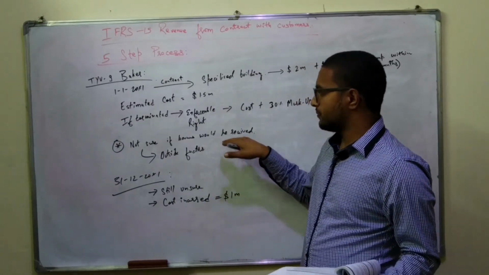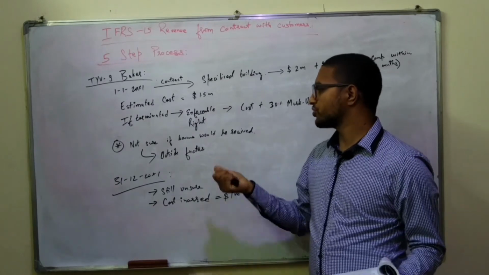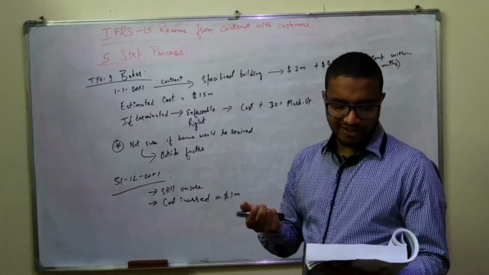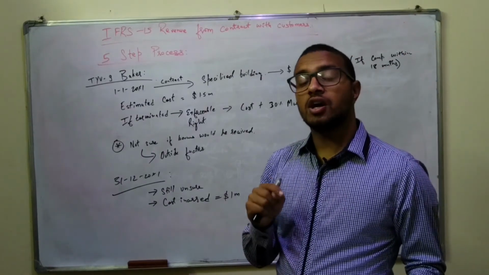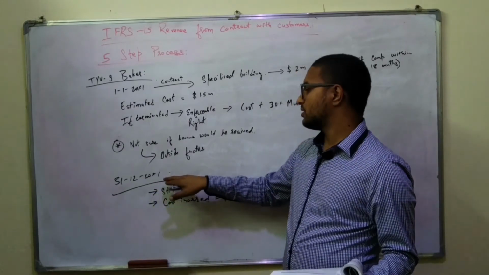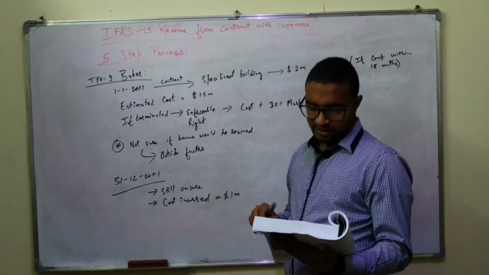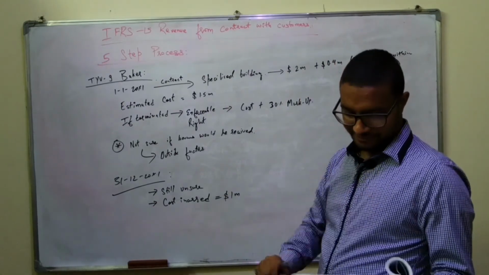On this date, Baker is not quite sure if it would receive the bonus or not because of factors outside its control, such as weather and regulatory approval. As at 31st December 20x1, Baker is still unsure whether the bonus target would be hit.